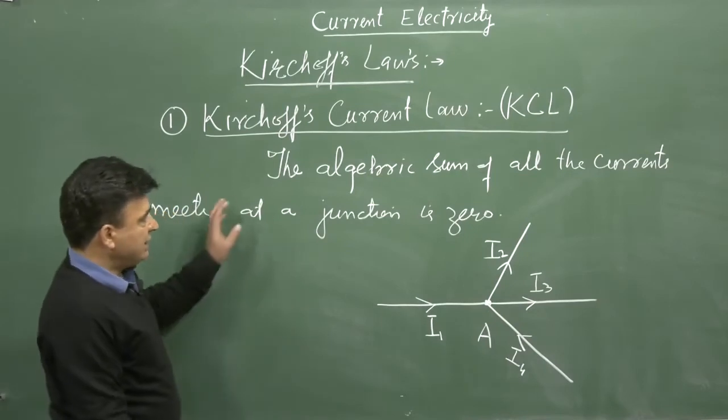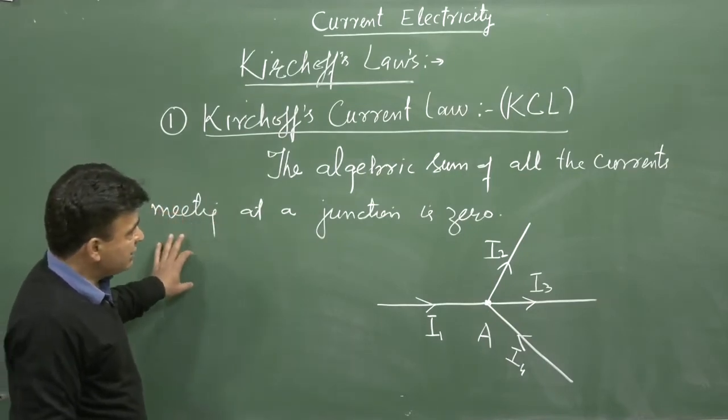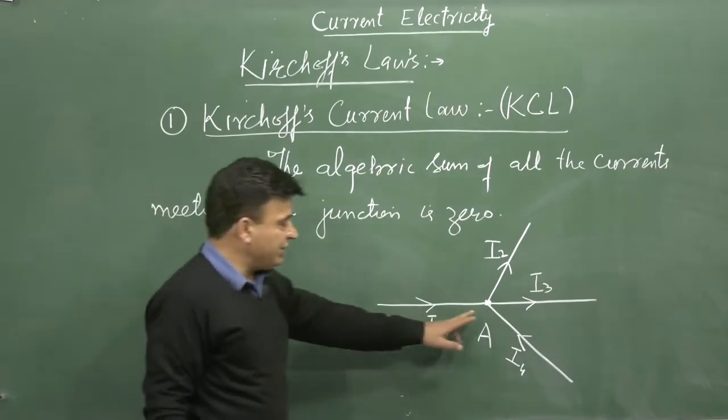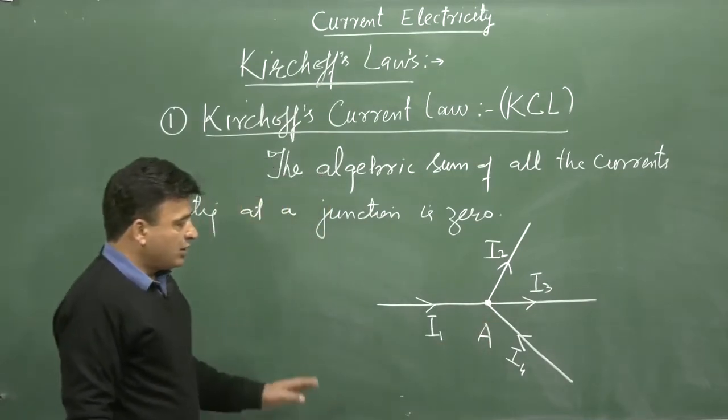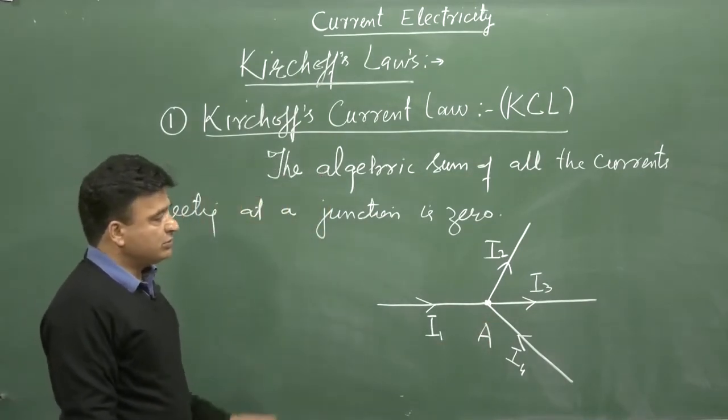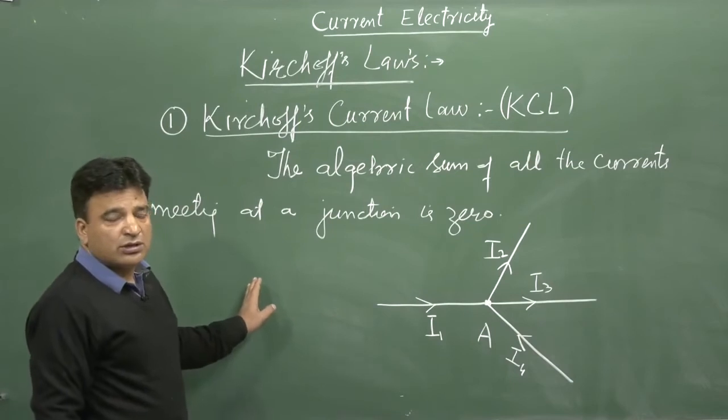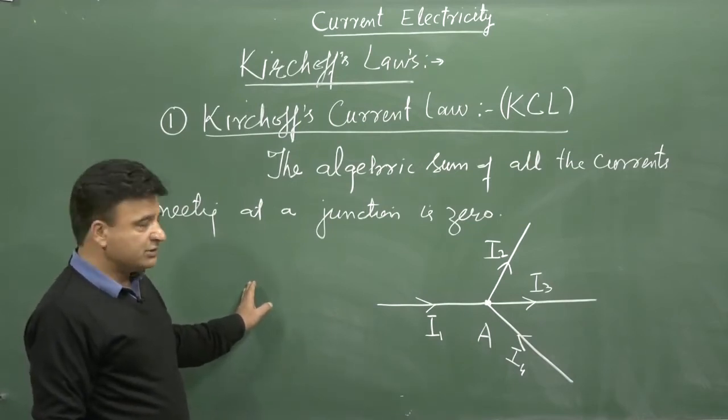Now, while applying Kirchhoff's current law to junction A, first of all we have to go for the sign convention.